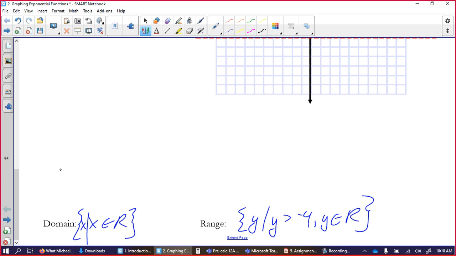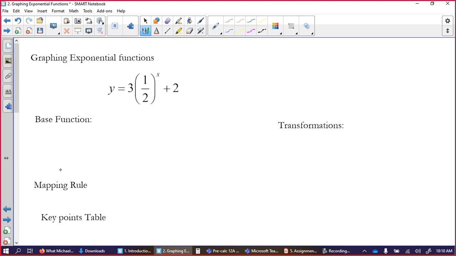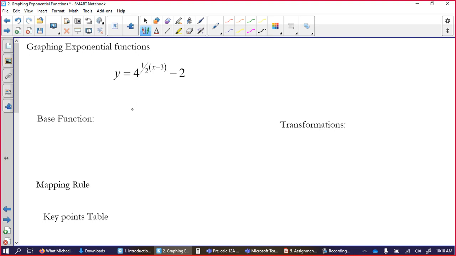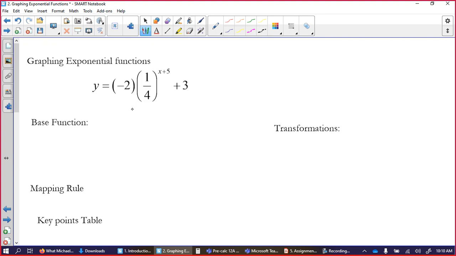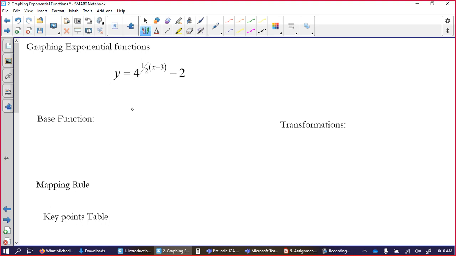But if you have questions, unmute, speak up, say, hey, I don't know what's going on. So same idea. This one is fairly similar. And then we get into horizontal translations, and we'll leave that one for you guys.